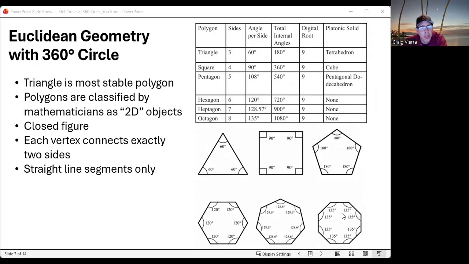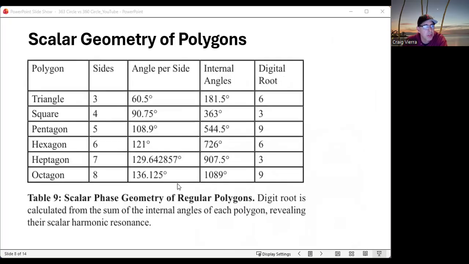There are 8 of them, so it's 1080. The heptagon total is 900 degrees. So you're seeing these polygons represented by their internal angles, and this is all Euclidean geometry.